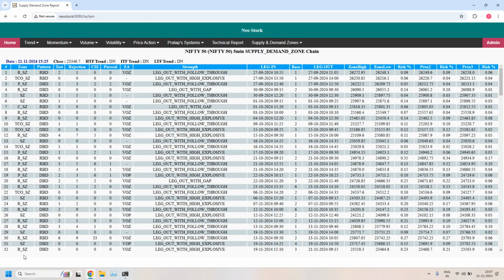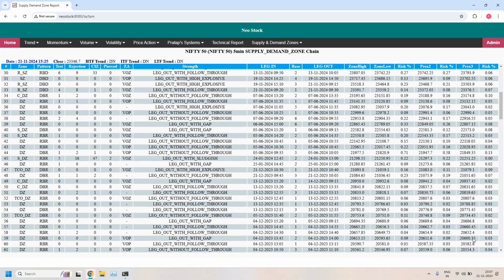All these are all supply zones. I am scrolling the list down. Now from 34 you can see demand zones as well. So this is about Nifty supply demand zone chain.